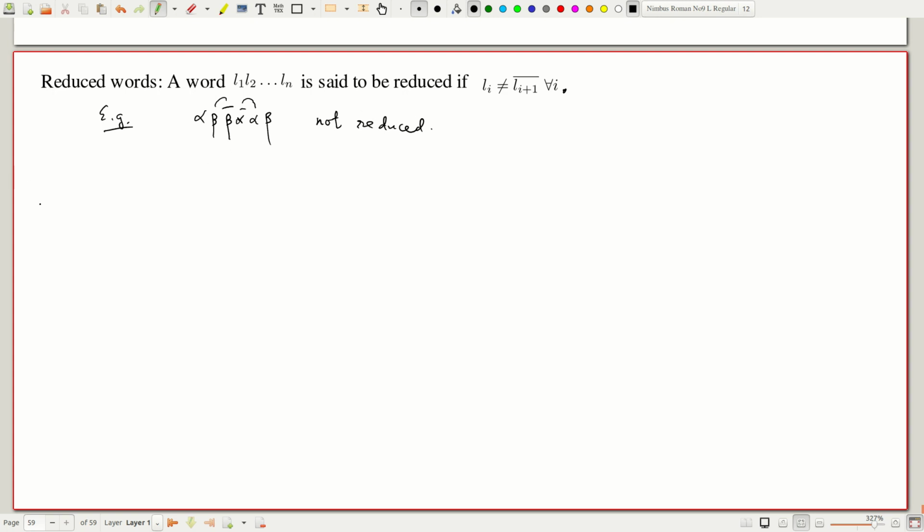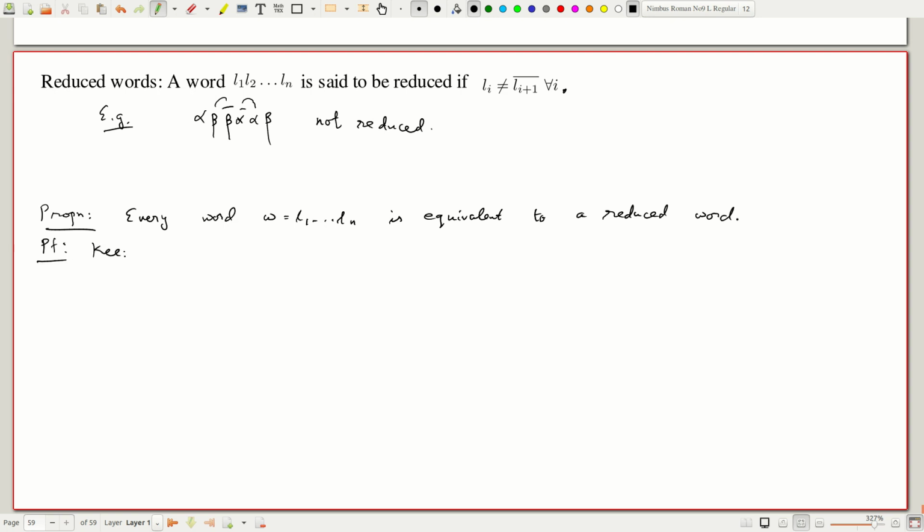But now, given any word which is not necessarily reduced, we can reduce it. So every word W in our set W, which I'll just call L1 through Ln, is equivalent under our equivalence relation to a reduced word. And the proof is just keep cancelling.